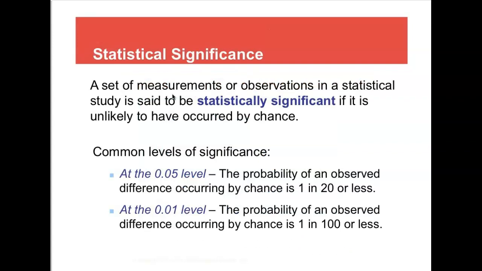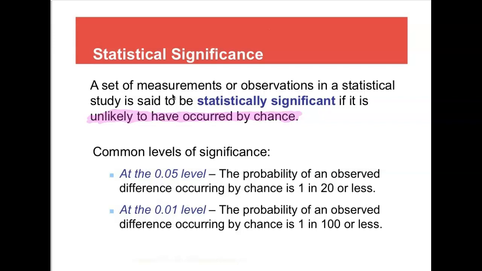So you've probably heard the term statistically significant before. And so that has a meaning, and that just means it's unlikely to occur by chance. The result is unlikely to have occurred by chance. And if it didn't occur by chance, then it usually occurred due to some cause that you're trying to study for, okay?